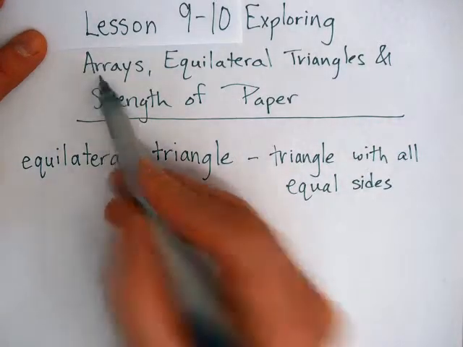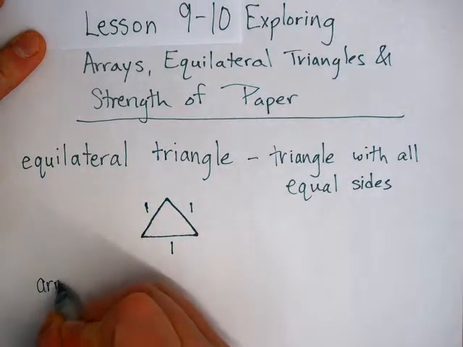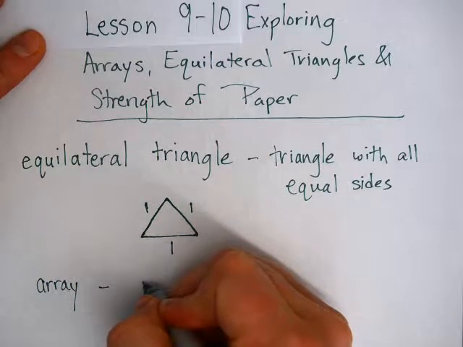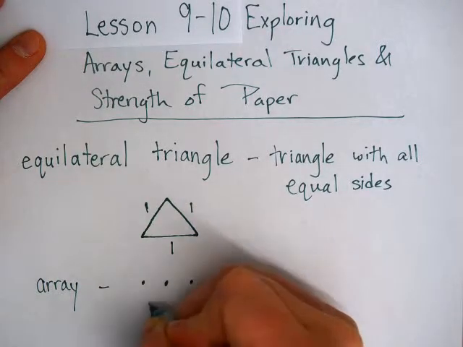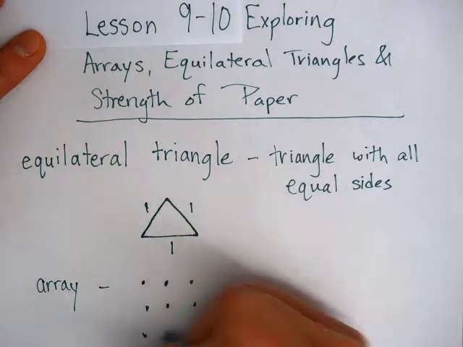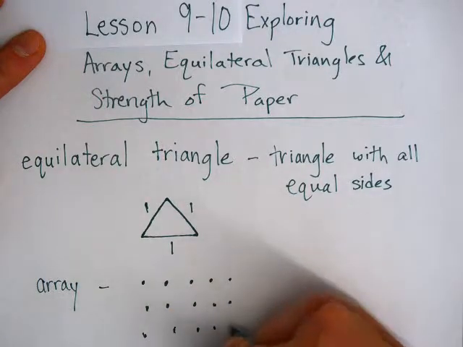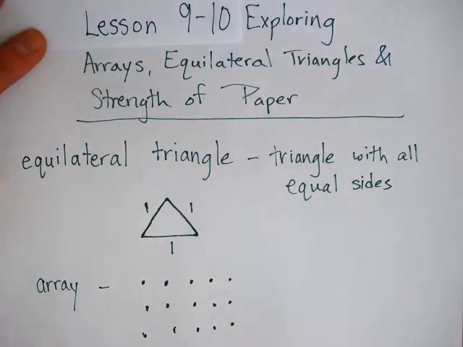Also, I'm just going to mention the word array again. It's not given as a separate word here, but we do talk about it and use it. An array is a set of dots in rows and columns where there's an equal number in each row and also an equal number in each column.